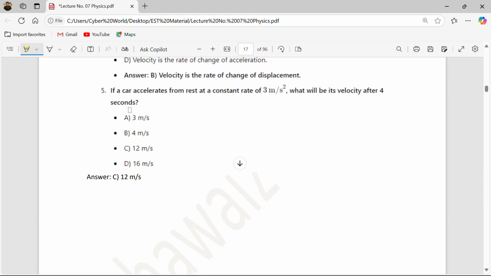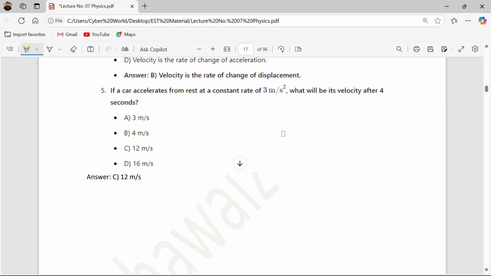If a car accelerates from rest at a constant rate of 3 meters per second square, what will be its velocity after 4 seconds?